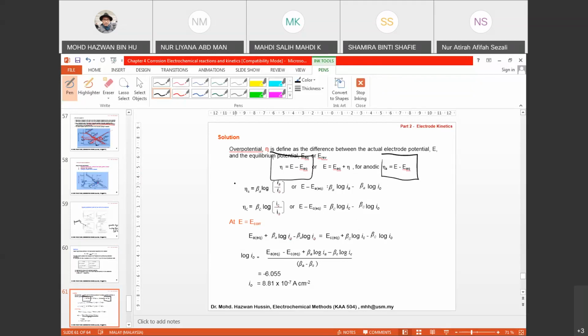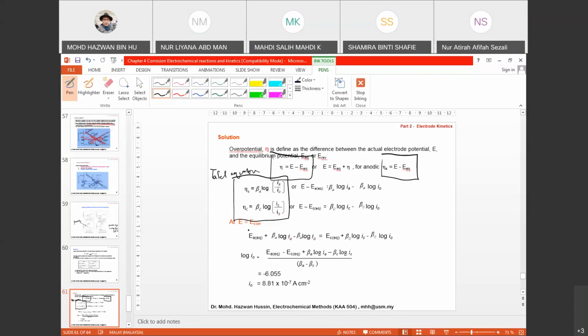If you rearrange, you get eta A, the anodic overpotential, equal to applied potential minus equilibrium potential. This is also the Tafel equation: eta A is equal to beta A log IA over I naught, and eta C is equal to beta C log IC over I naught.